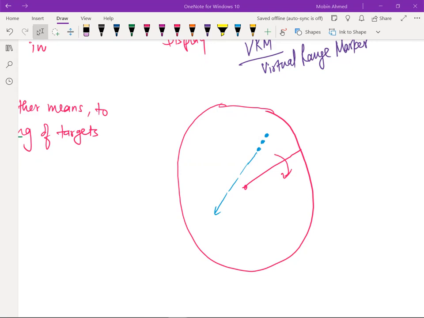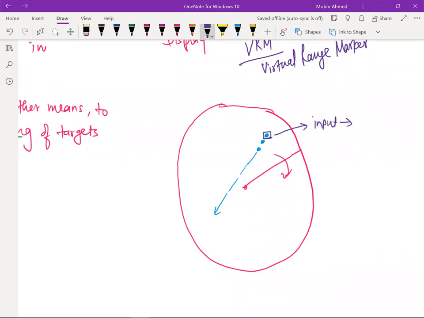That means suppose we are going to plot this one, automatically it is going to be plotted. So how it is going to be plotted: we are going to align our range and bearing marker on this and we are going to give one input.